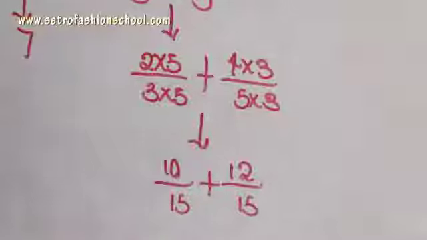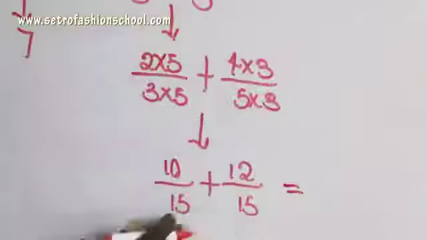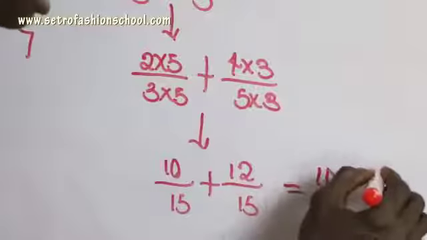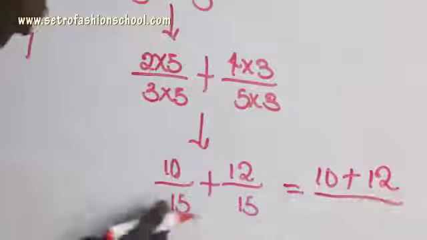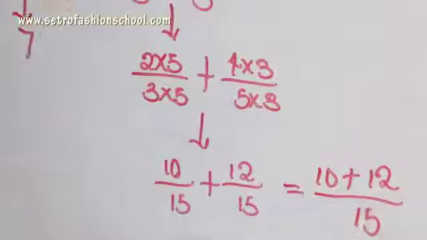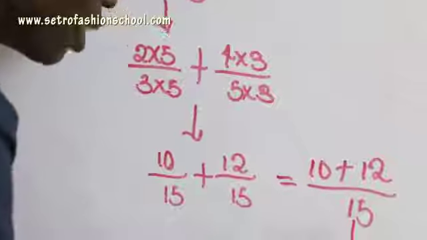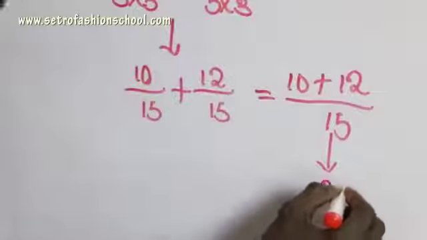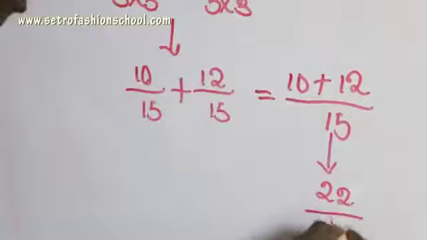So you pick one out of these denominators because they are the same, but the numerators will be written together and you add them together. So I'm picking one now. Bringing this down, that will be 10 plus 12, which gives us 22 all over 15.